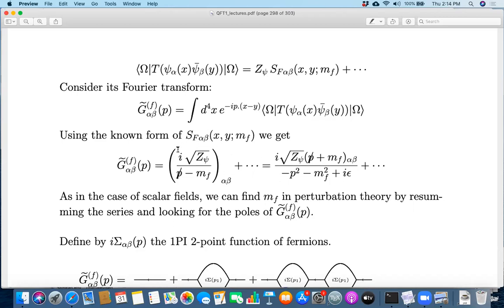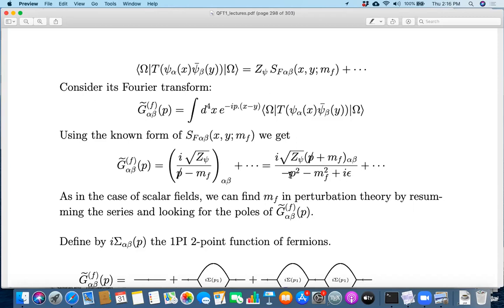This we can also rewrite by multiplying by p slash plus mf in the numerator. Then the denominator just becomes minus p square minus mf square plus i epsilon, and the numerator becomes p slash plus mf. This basically uses the relation that p slash plus mf times p slash minus mf is nothing but minus p square minus mf square. That's the origin of this.